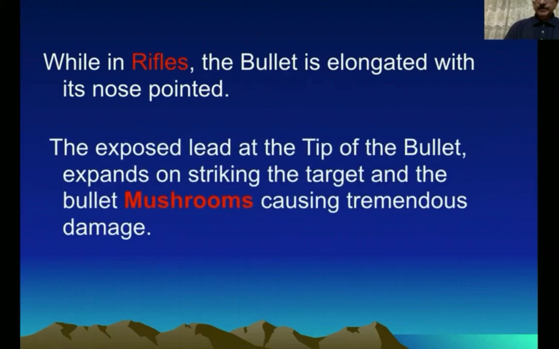And sometimes, with the exposed lead tip of the bullet, there is a hole in the nose. Through that hole, the air during the flight enters and the bullet expands into a mushroom shape, flower shaped, which causes tremendous damage.